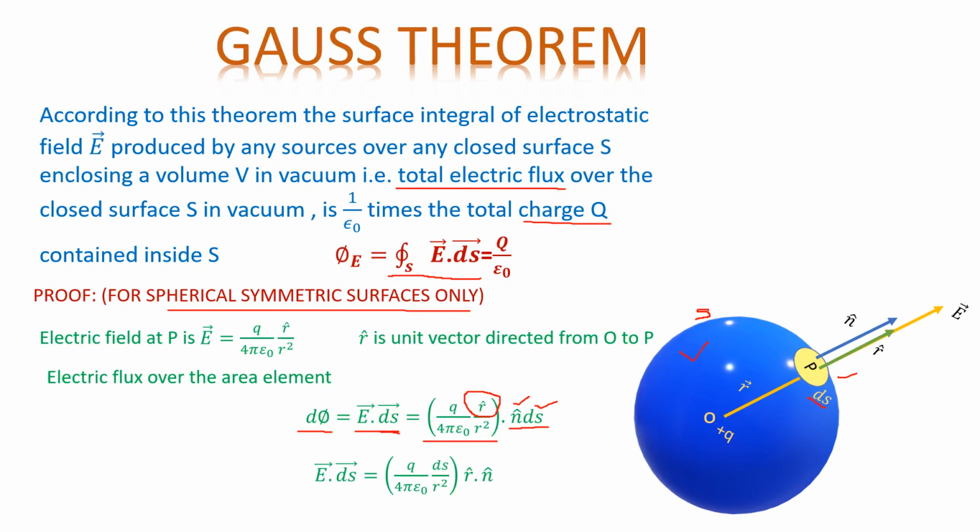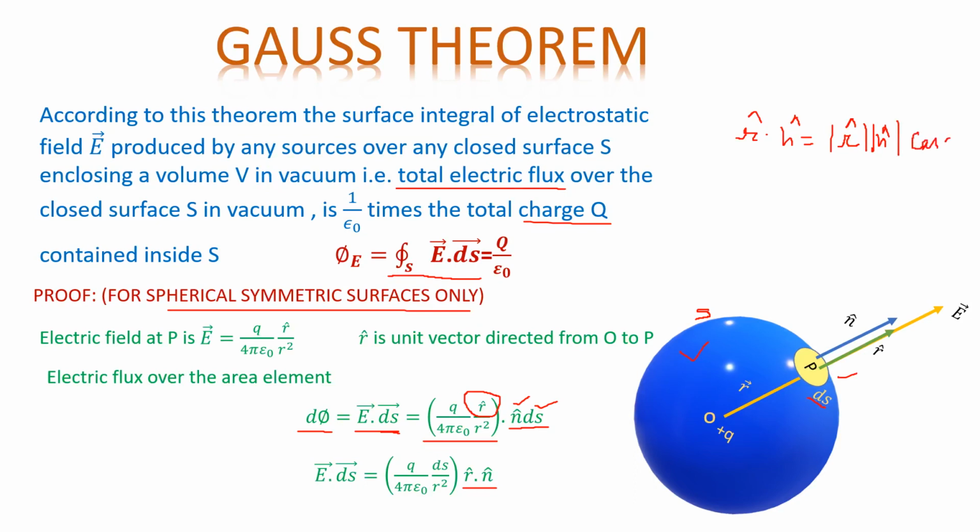The dot product of r cap dot n cap, both are along the same direction. So it is the magnitude of r cap times the magnitude of n cap times cos of the angle between them, and the angle is 0.